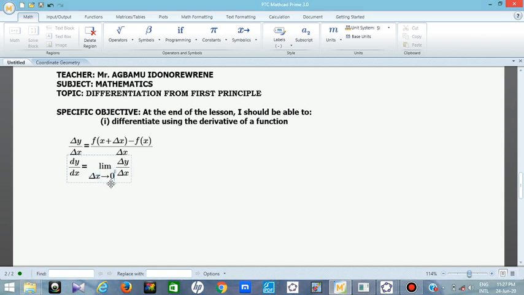So this was what I did in our last class. If you have this basic knowledge, you can differentiate a function from first principle.